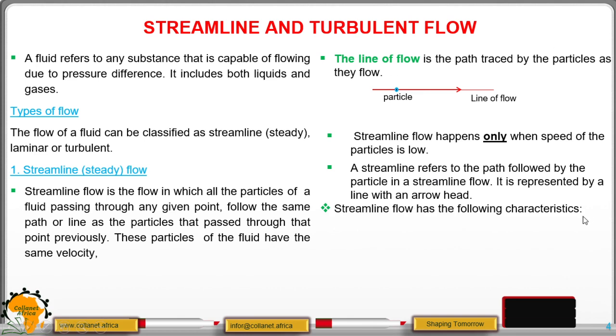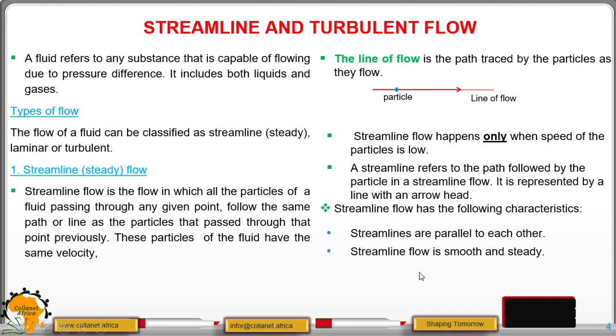Streamline flow has the following characteristics. The first one is that streamlines are parallel to each other, so they cannot meet at any point. Another characteristic is that streamline flow is smooth and steady, so there is no formation of what we will see later on, the eddies, or eddy currents.